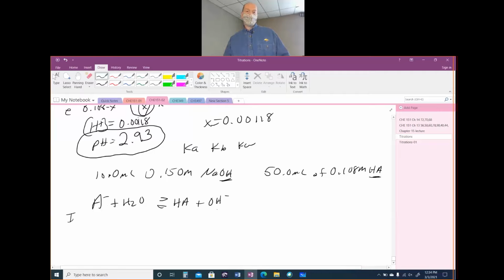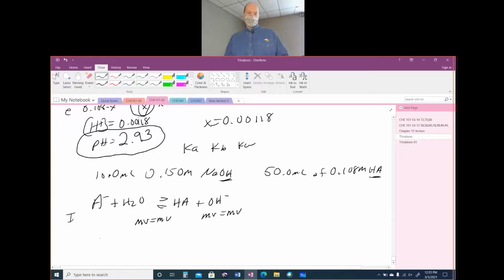All right, and so initial. In order to get our concentration, HA is no longer 0.108 because we added 10 mils of the NaOH solution. And so you have to do MV is equal to MV for your HA. You also have to do MV is equal to MV for your OH minus.